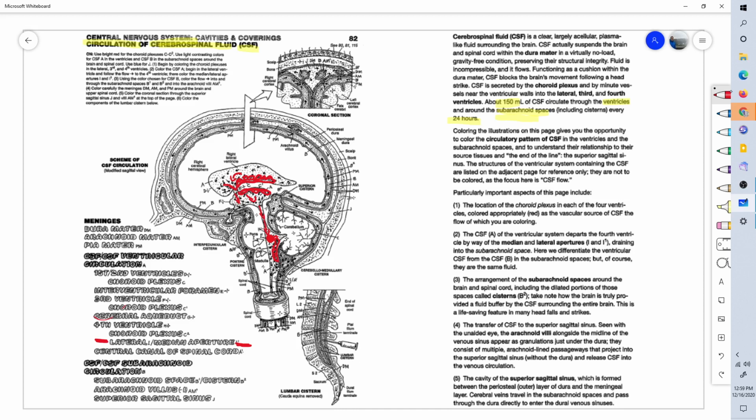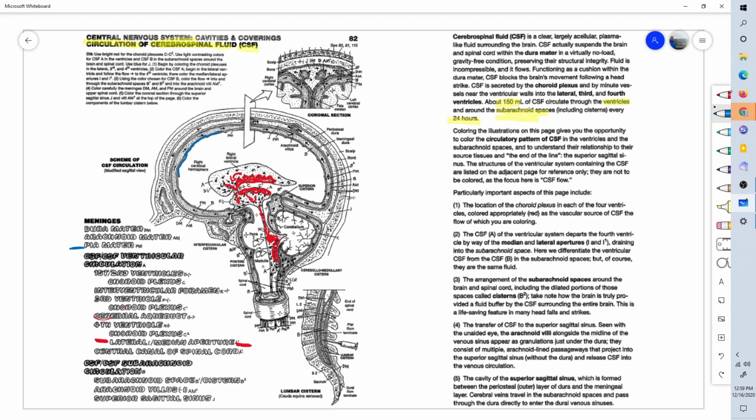Let's review our terms here. The pia mater, of course, is this thin layer covering the brain, covering the cerebral cortex of each cerebral hemisphere.